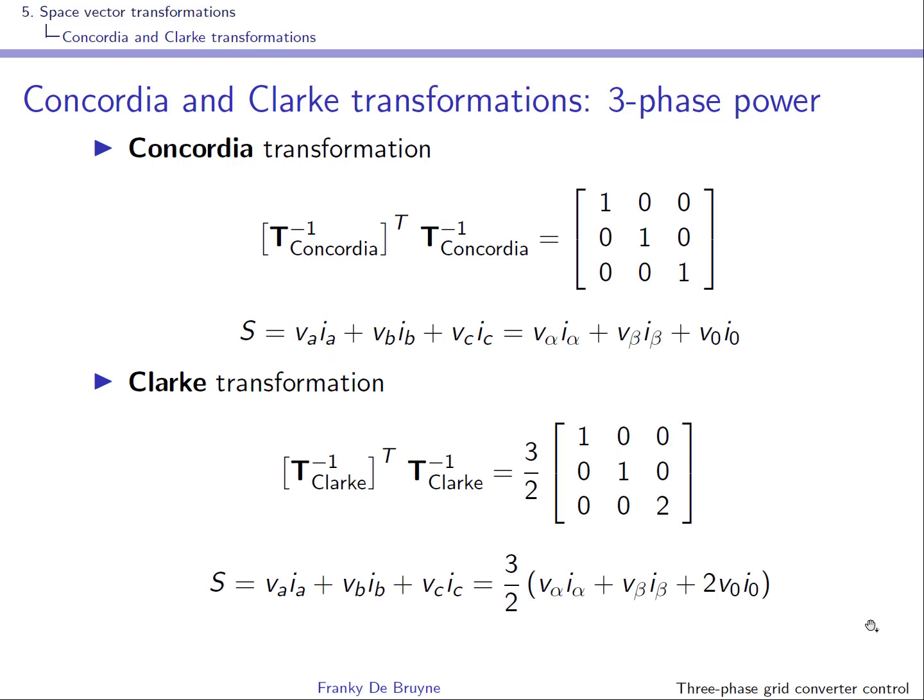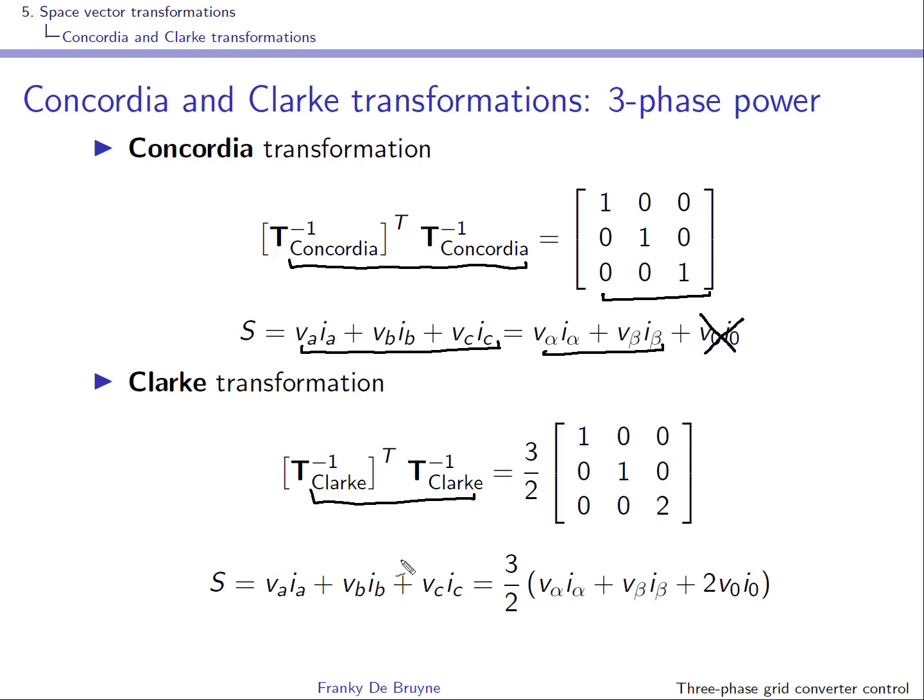If you do this calculation for the Concordia transformation and for the Clarke transformation, this is what you obtain. For the Concordia transformation, you have an identity matrix, which gives the relation between the three-phase power and the power after transformation. Very often we'll have a balanced system, so we can forget this term. So the power after the Concordia transformation is preserved.